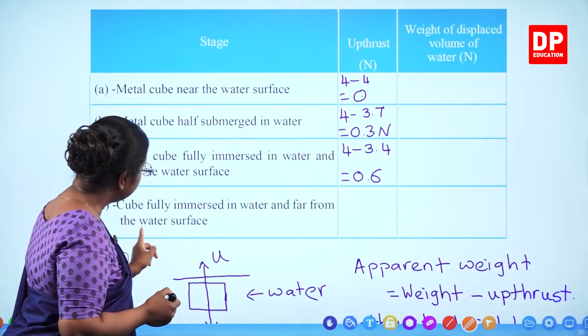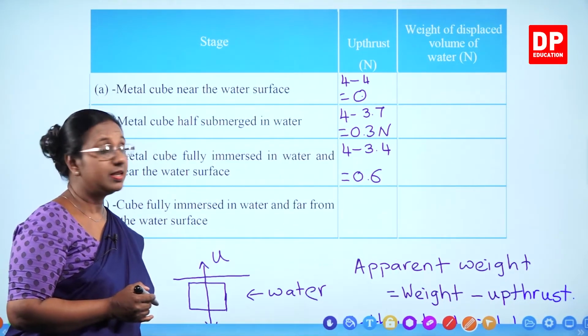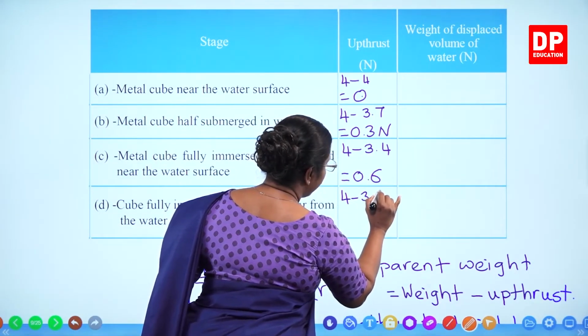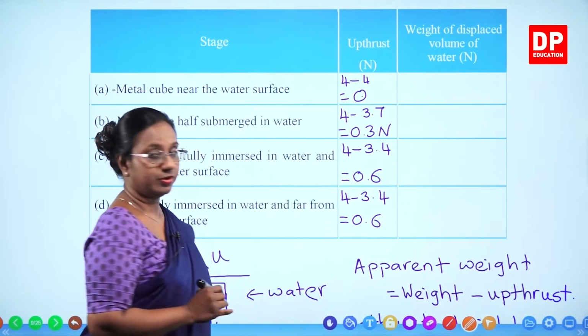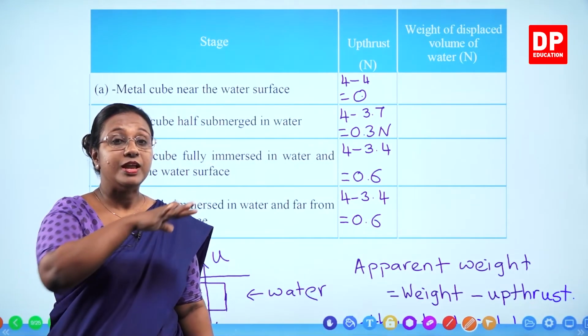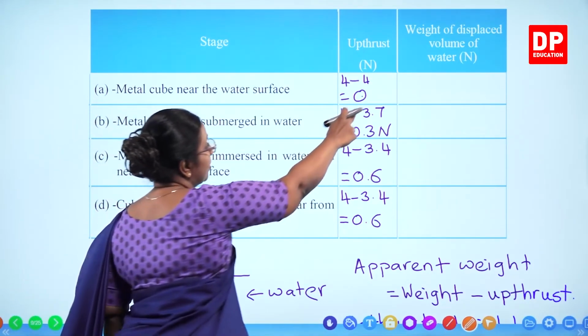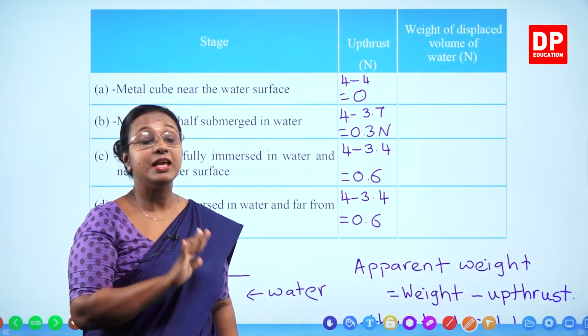Then again, cube fully immersed in water and far from the water surface, it remained the same, 4 minus 3.4. So, that is also 0.6 Newton. Now, can you all see? When it is near the water surface, there is no upthrust. That is why upthrust is 0. The weight is same as the weight in air.